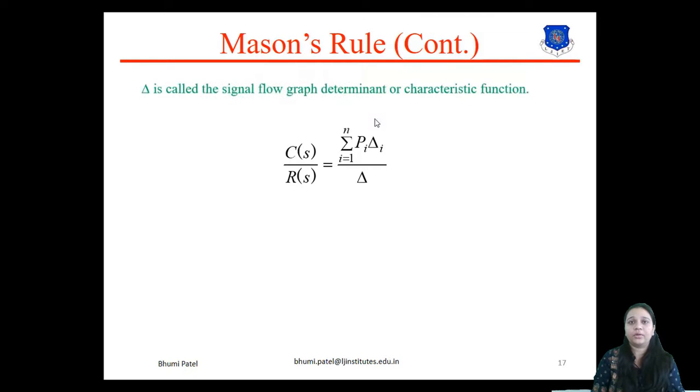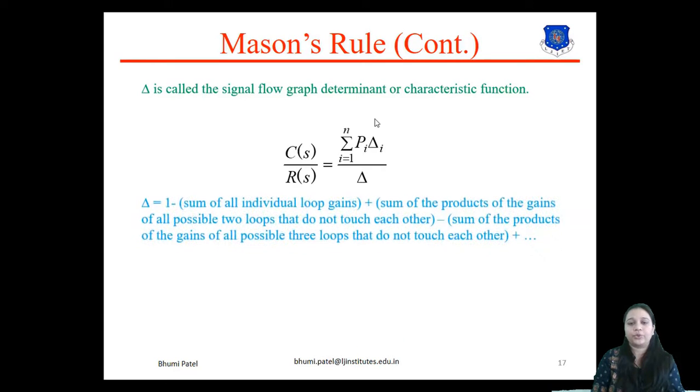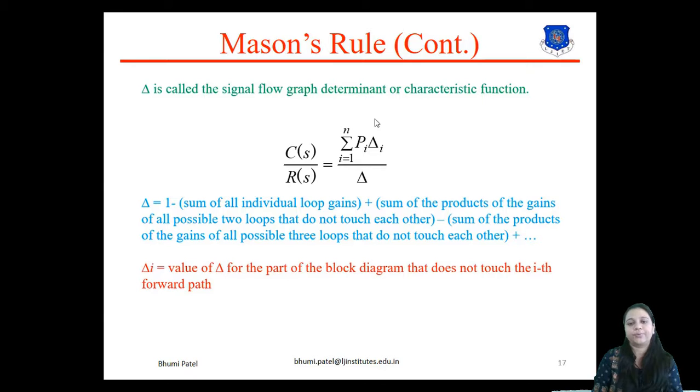First of all, what is delta? Delta is called the signal flow graph determinant or the characteristic function. So delta is equal to 1 minus the sum of all individual loop gains, plus the sum of the products of the gains of all possible two loops that do not touch each other, minus the sum of the products of the gains of all possible three loops that do not touch each other, plus etc. And how can we find delta i?